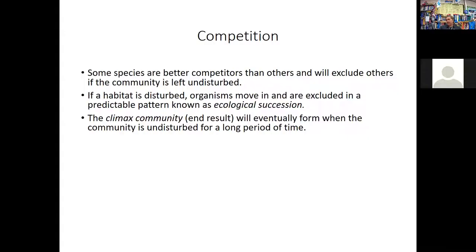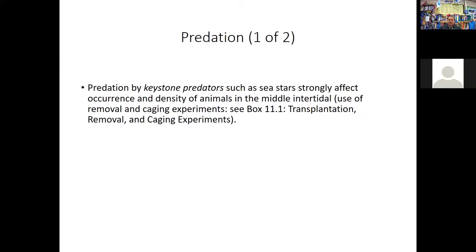And then if you have an area with similar physical conditions like temperature, desiccation, like the ones that we mentioned earlier, and you have that competition, then you're going to have an expectation of certain plants and then animals that are attracted by the plants to that climax community.